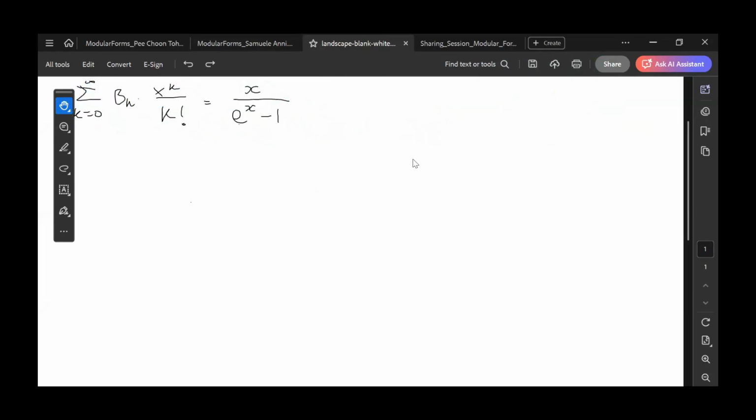So how do you expand something like this? Well, we know that we can write it like this. And the expansion of exponential x is quite well known, right? It is like this.